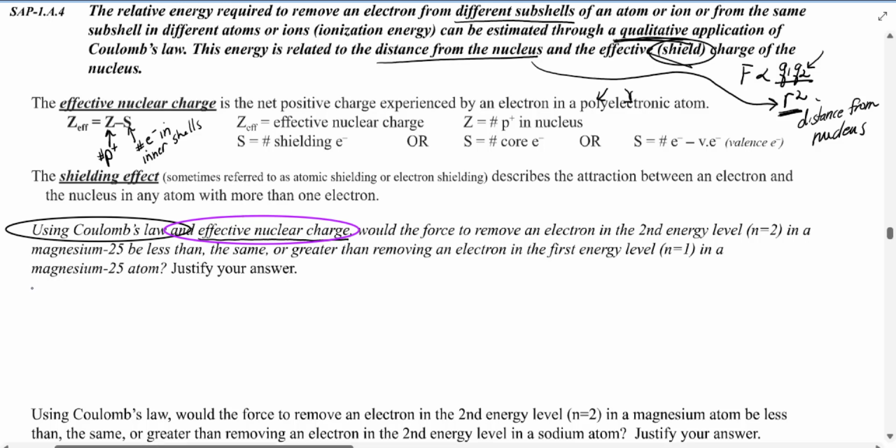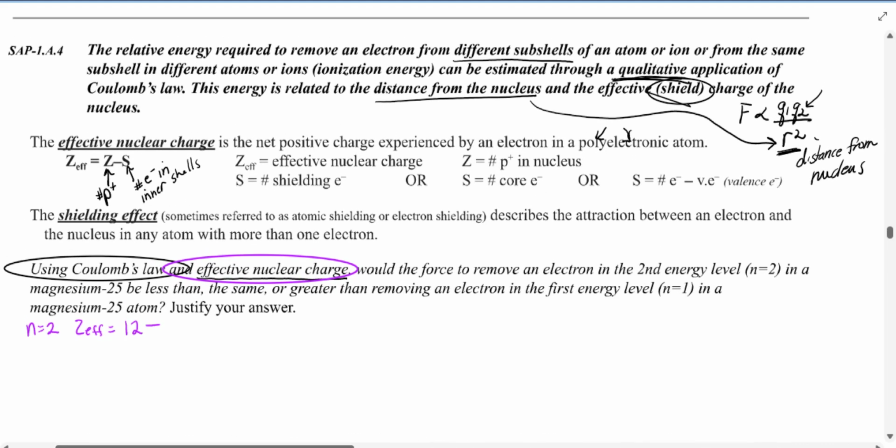So let's say for energy level 2, the effective nuclear charge is going to equal the number of protons, and the number of protons in a magnesium atom is 12, minus the number of electrons in the inner shell. So we're talking about energy level 2.